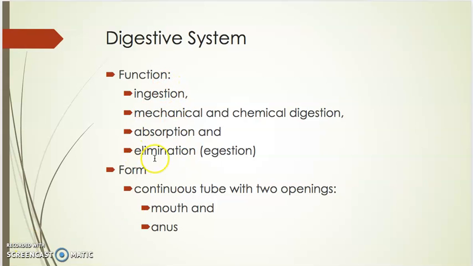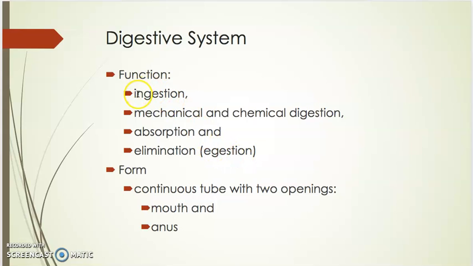Remember, form follows function. We always look at function first. The function of the digestive tract, know these words: to ingest food, to digest food, and absorb it and eliminate it. Ingestion, taking it in. Digestion, breaking it down. Absorption. And elimination is known as egestion.